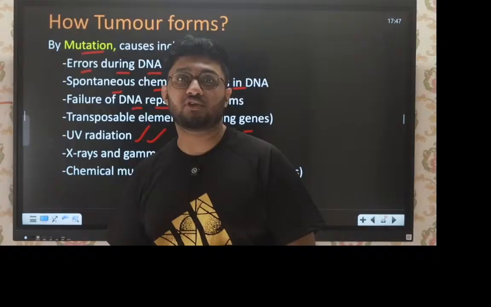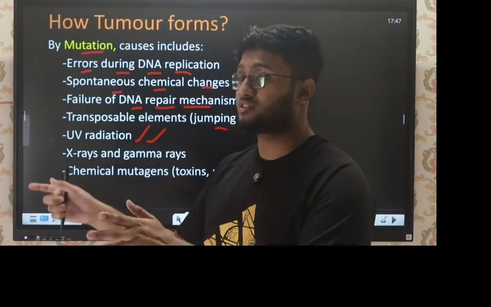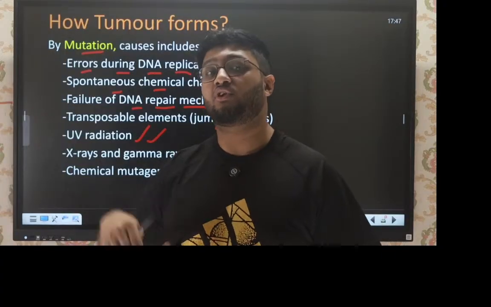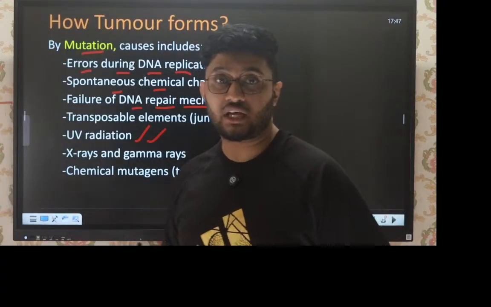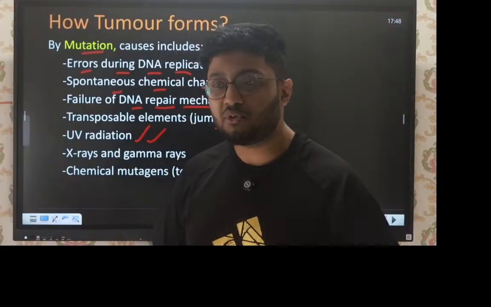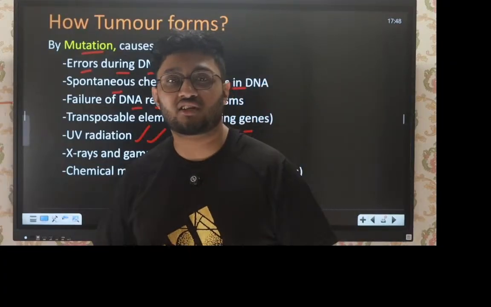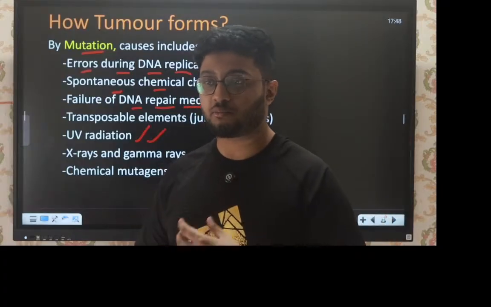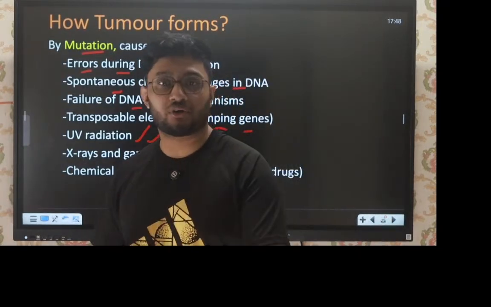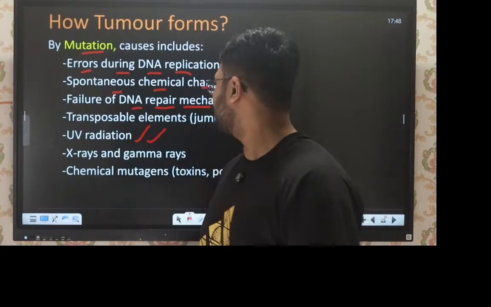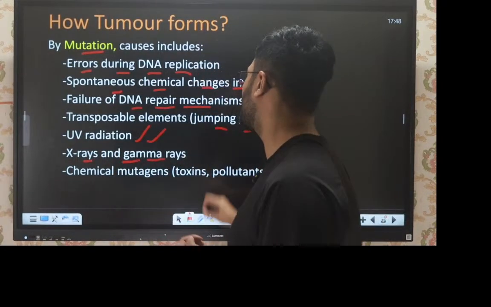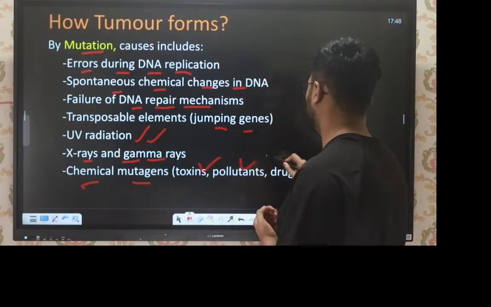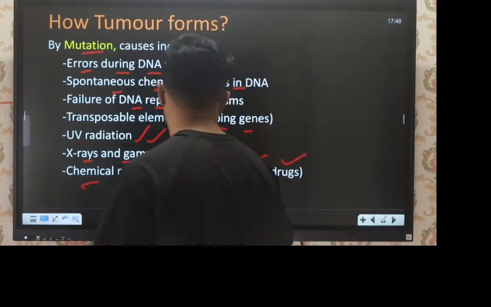When the nuclear plant exploded, the radiation started causing people cancer, or the Hiroshima Nagasaki incident, when the nuclear bomb fell and caused cancer to many people. It can even happen to workers who work in the radiation sector, with nuclear elements, or who work with X-rays. So X-rays and gamma rays, and then chemical mutagens like toxins, pollutants, and drugs.